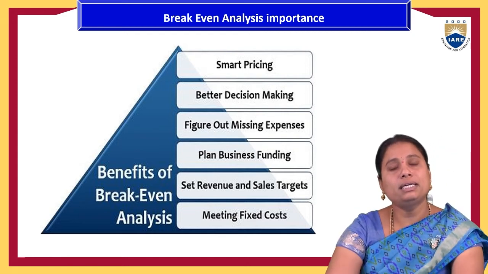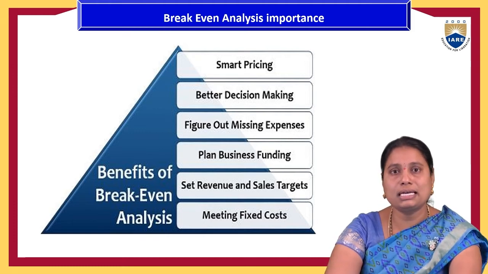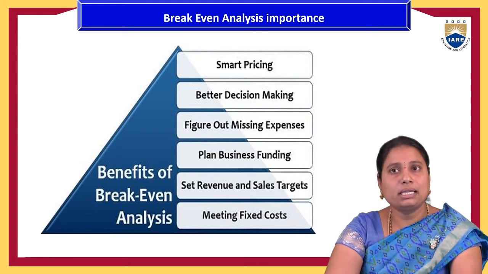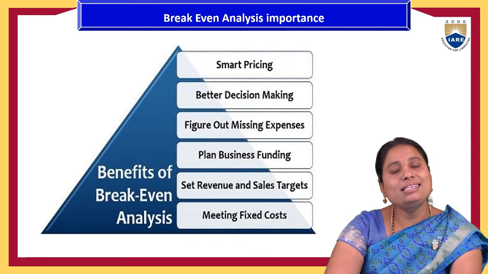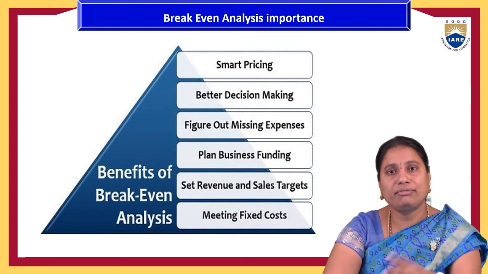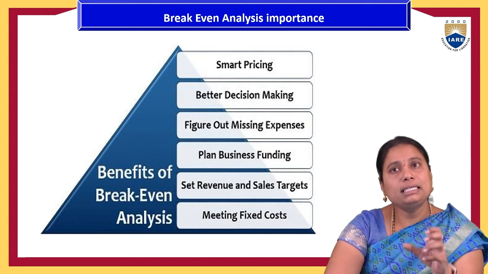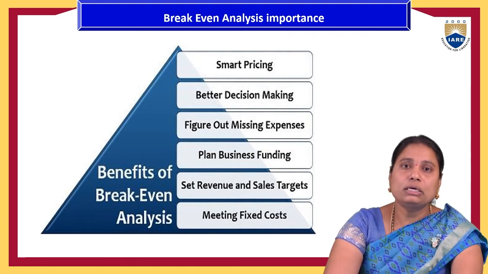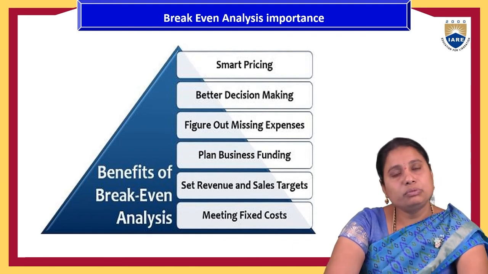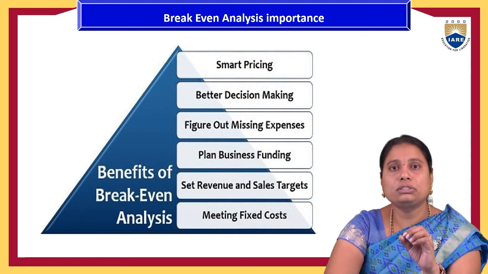So to take better decisions regarding expenditures, revenues and sales target fixations, the break-even analysis is more important, as well as to figure out the missing expenses. Whatever expenses they have lost or gained or incurred can be identified with the help of this break-even analysis. For example, the organization has taken into consideration the machinery cost, labor cost, and material cost.